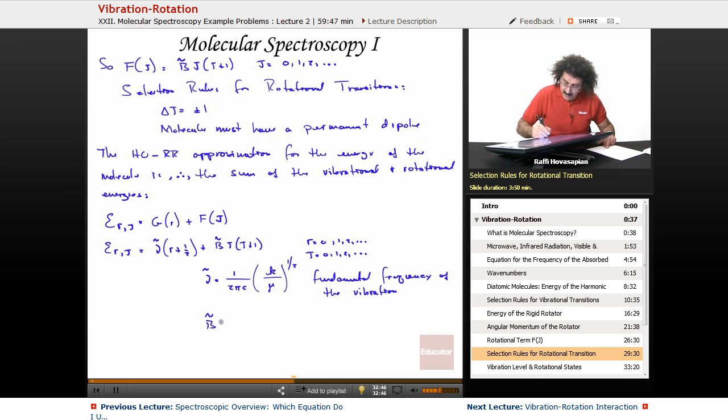And B tilde is equal to Planck's constant divided by 8I pi squared c. All of the parameters are taken care of. This is the equation, the harmonic oscillator rigid rotator approximation, the mathematical equation that approximates what we see when we look at vibration rotation spectra.